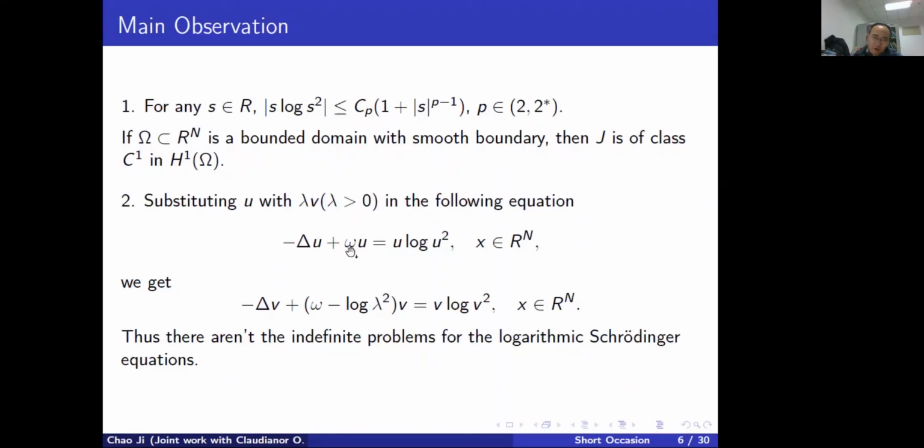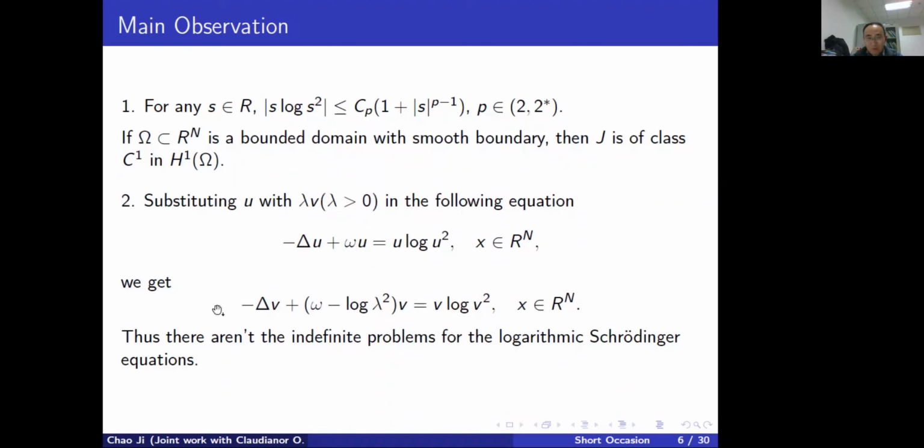For example, if omega is -100, -1000, or -10,000, it may seem an indefinite problem, but it's not, because we can substitute u with lambda v, where lambda is positive, in the following equation.